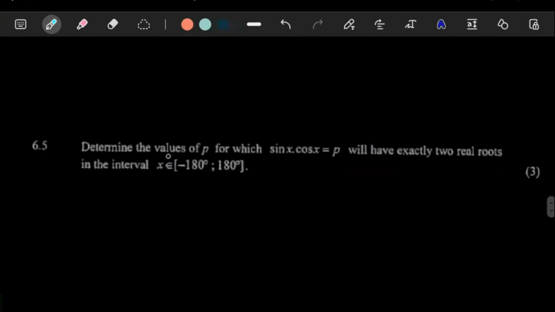The next one says determine the values of p for which this equation will have exactly 2 real roots in this interval. What a wow, bro. Funny enough, I'm already reminded of the double angle of sine.